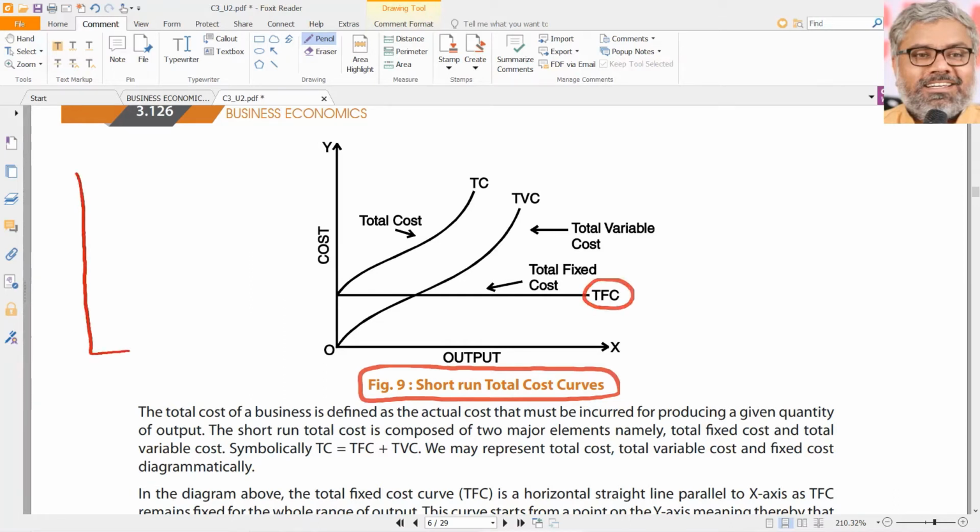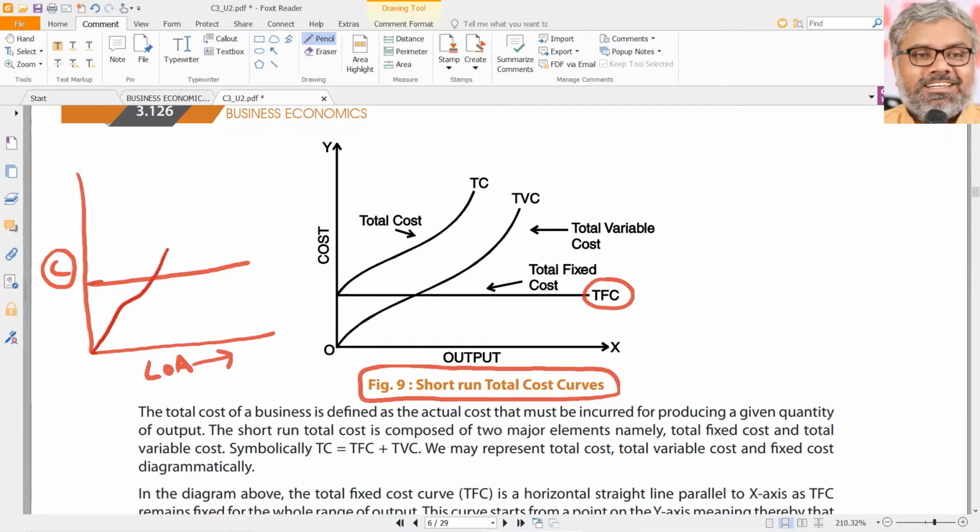So there is a fixed cost always there, which will not change irrespective of the output on the x-axis. Let us call this the level of activity on the x-axis, costs on the y-axis. And the cost remains fixed. If it remains fixed, that is what we call fixed cost.